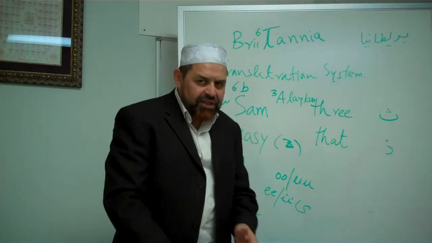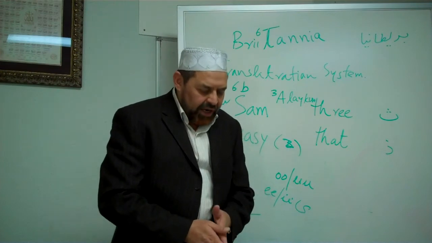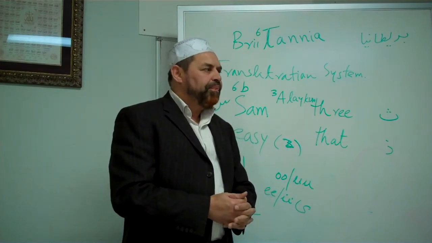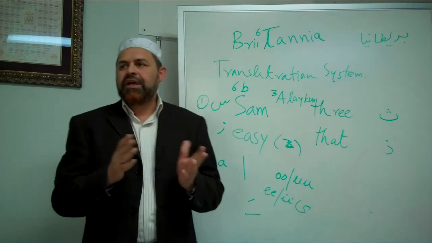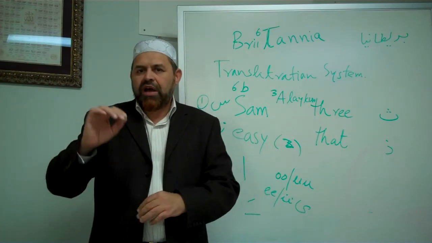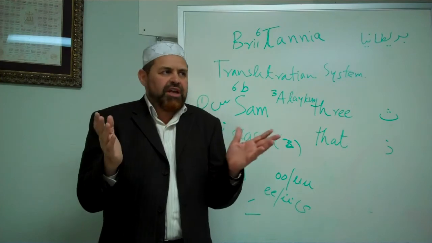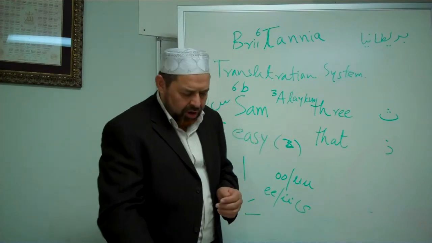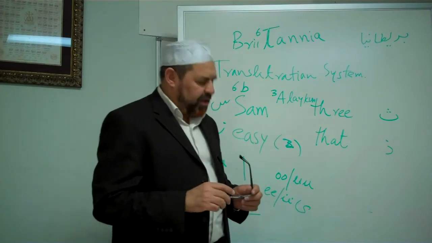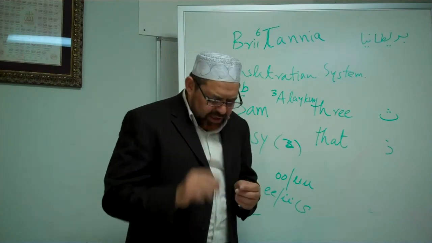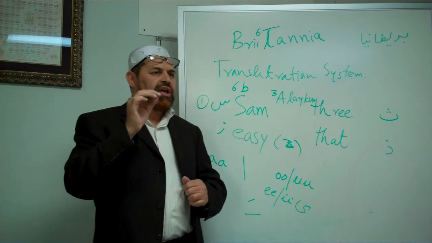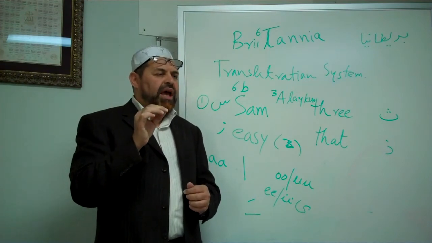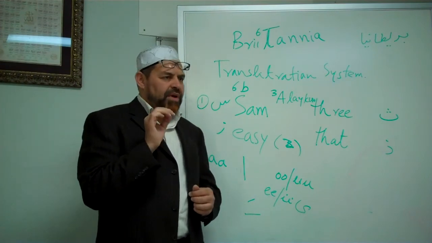So now look at this chart, and we have the letter Ba. Ba is very simple. It's just like the letter B in English, as in boy or as in bat. The letter Ta has T in lower case, as in the word tip.